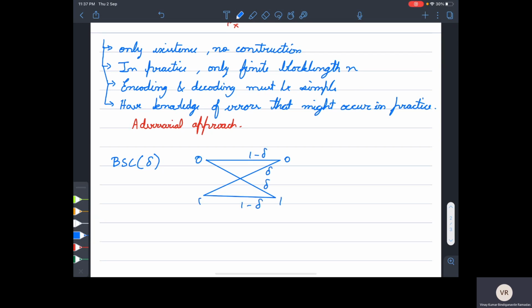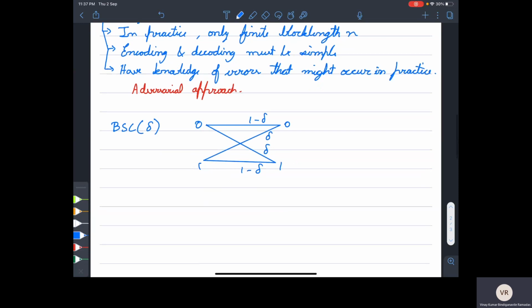We have also computed the capacity of such a channel, which is 1 minus h of delta, where h is the binary entropy function given by this expression here.